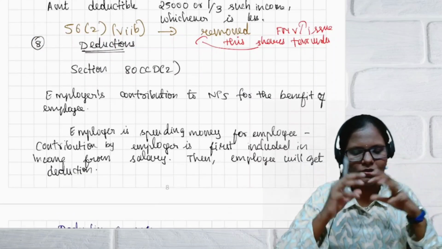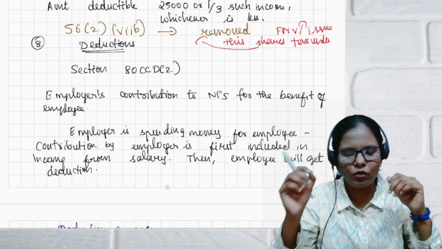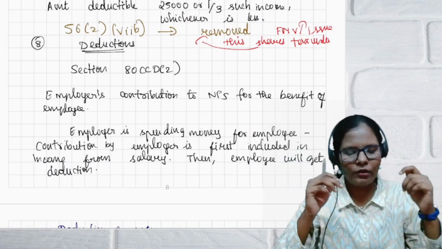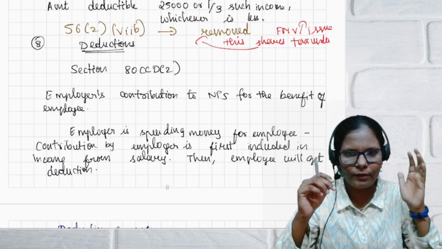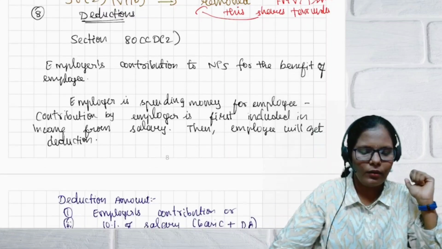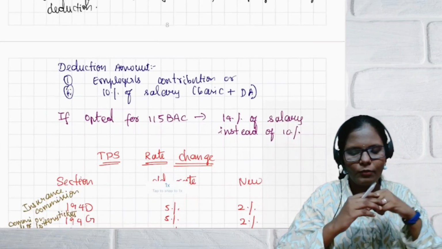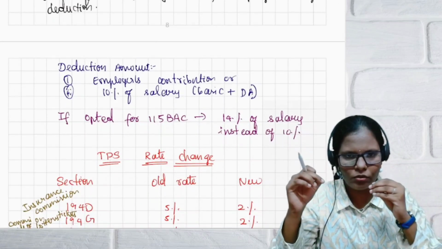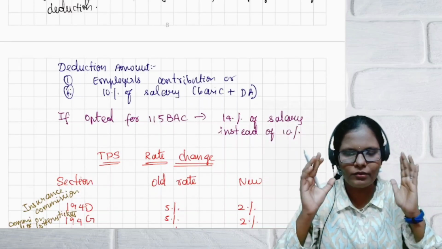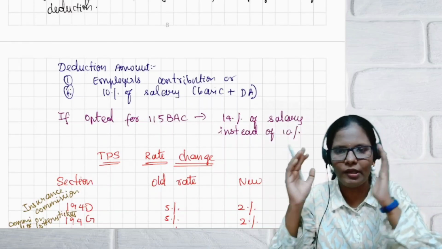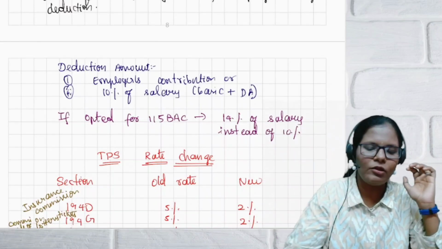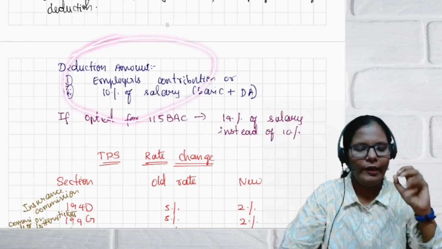Then in deduction chapter, section 80CCD(2), employer's contribution to NPS for the benefit of the employee. In this, the deduction amount is employer's contribution or 10% of salary, basic plus DA forming part, whichever is lower, will be allowed as deduction.